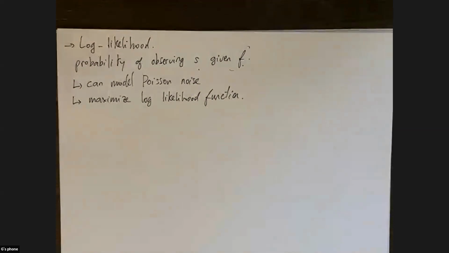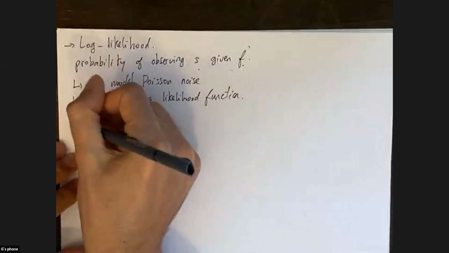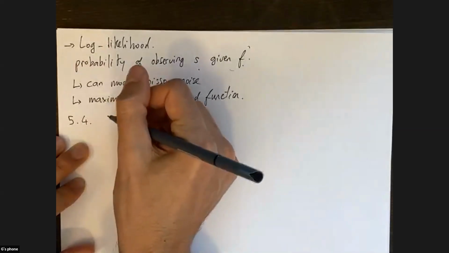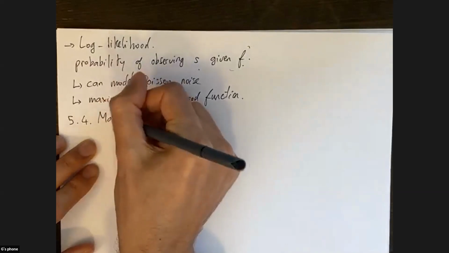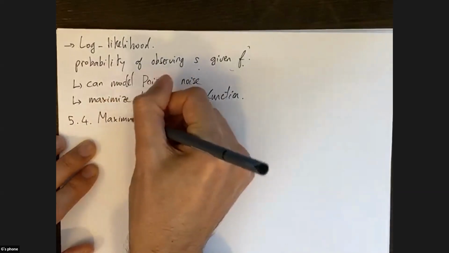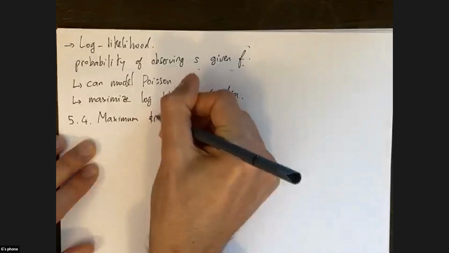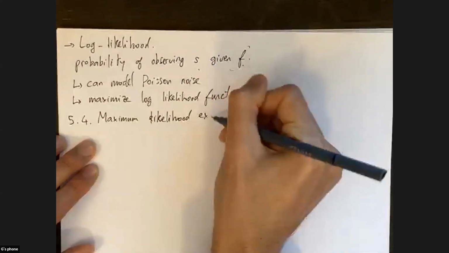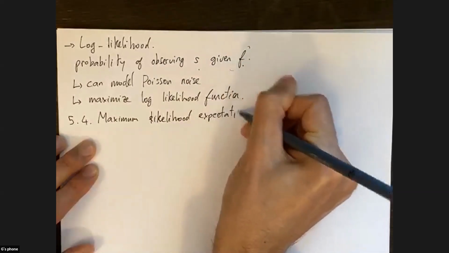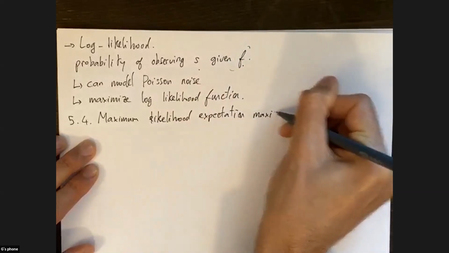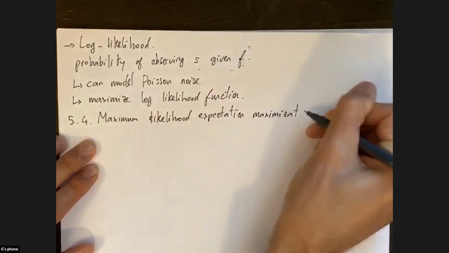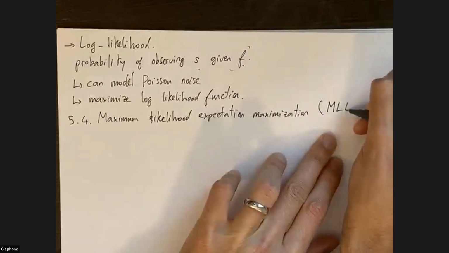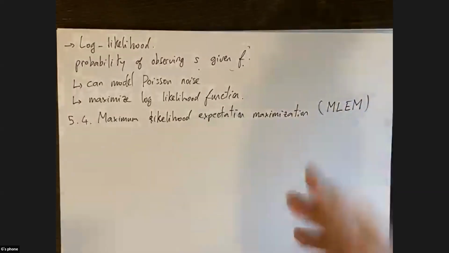The algorithm used to maximize the log likelihood is conveniently named the maximum likelihood expectation maximization algorithm. The easy way to remember this is that it's called MLEM. Okay, so that's the name of the algorithm.